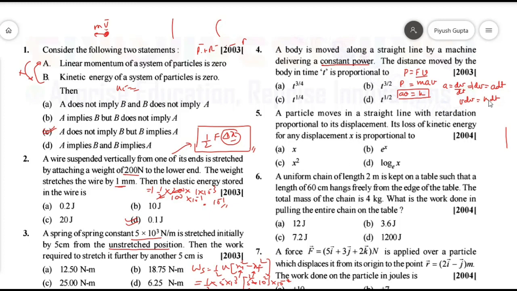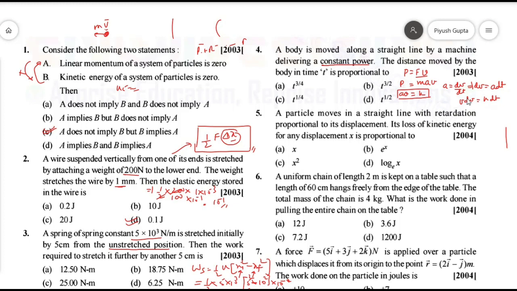I'm just replacing A with K by V, so V comes here. Here I'm going to get my velocity, or the speed, as a function of time. Since it's moving along a straight line, the speed is basically your velocity. V dV is equal to K dt. So I'm going to integrate it, and I'll get my velocity as a function of time.